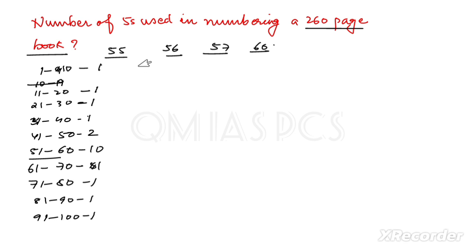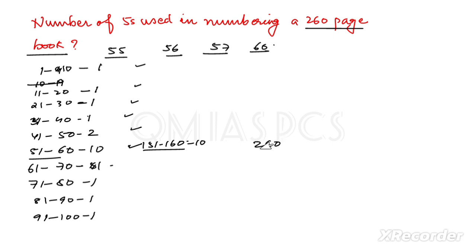From 101 to 110, again 1, and so on. Here also it is 10: like 151 to 160, there will be 10 fives. Again 1, 1, 1, like this. We have to see till how much? Till 260.